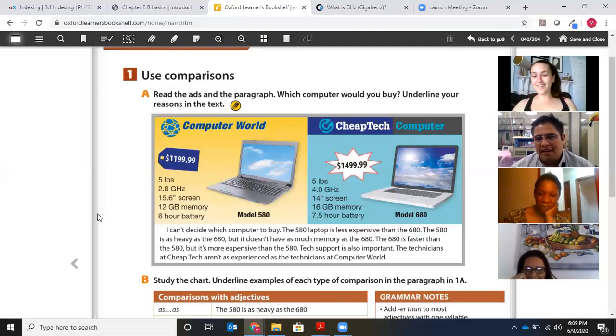That's a big one. The bigger screen. And the bigger screen, right? So maybe if you do photography or something, you want the bigger screen so you can see the picture. But if you really like to play video games or do things that take up a lot of speed, then you'd want the more expensive computer, right? So it makes sense. It depends on what you're using it for.